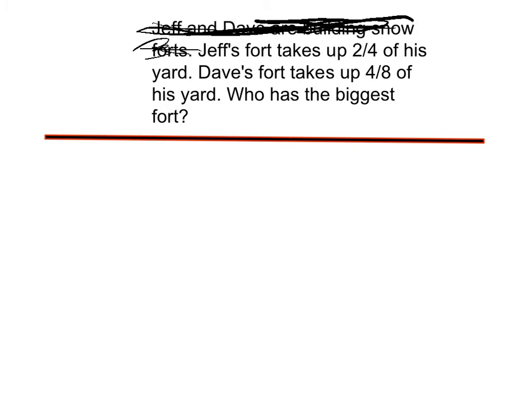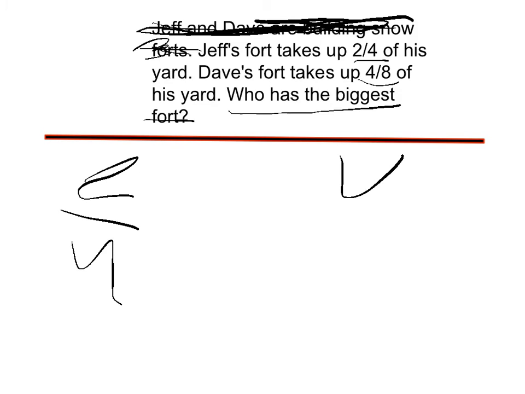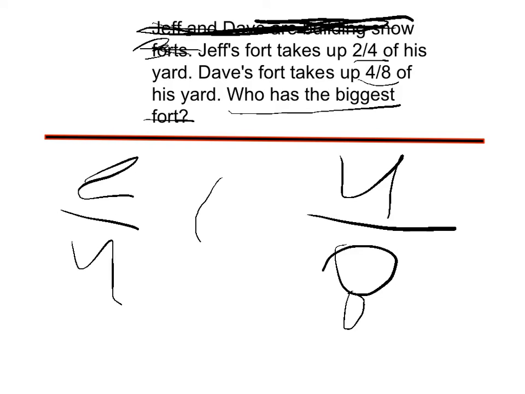We would need to know this. This is the most important part right there. Who has the biggest fort? That is our question. So we need 2/4 and 4/8. We're going to try finding common numbers. It's pretty much asking this problem in word form.